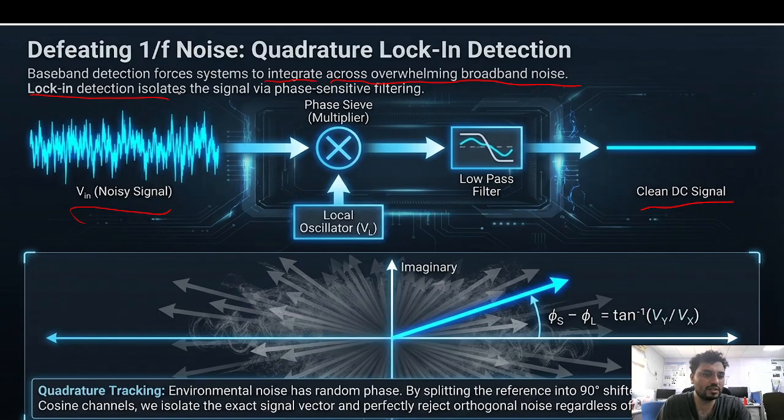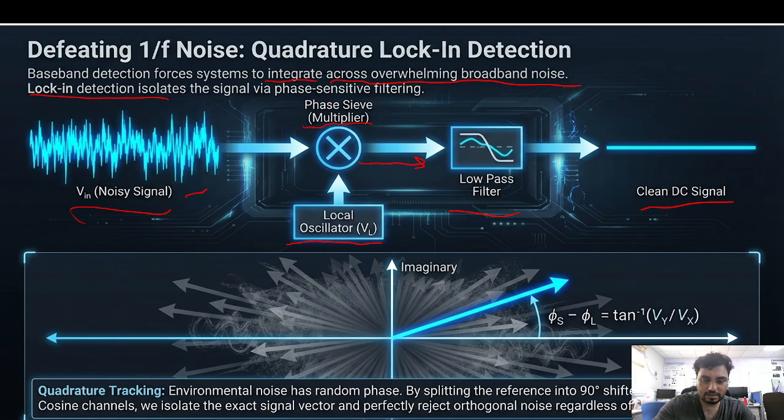Lock-in detection isolates the signal via phase-sensitive filtering, and you can see here the phase-sensitive multiplier. This is the signal. Then the local oscillator mixes with the signal and propagates it to a low-pass filter, where it cleans the overall noisy signal into a clean DC signal.